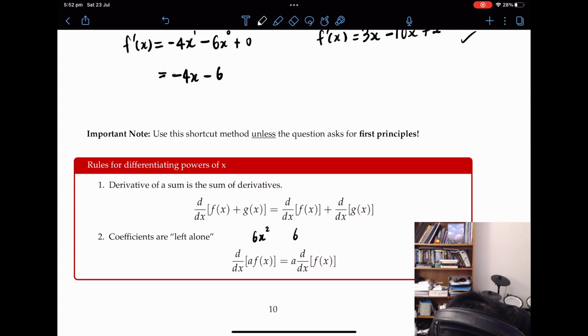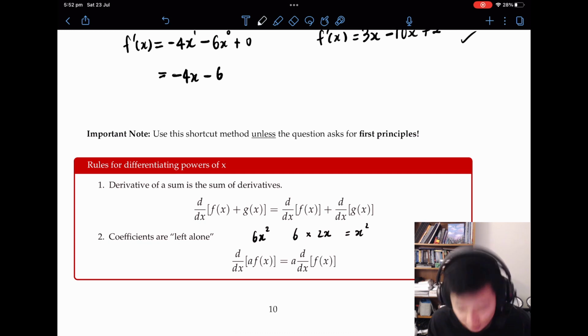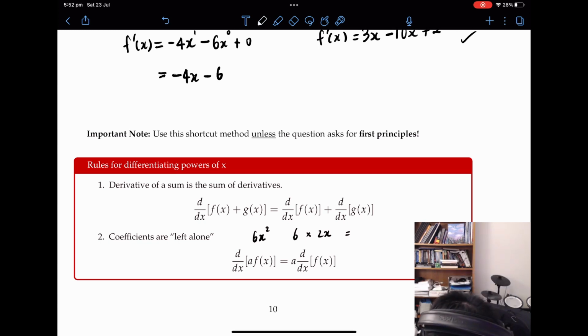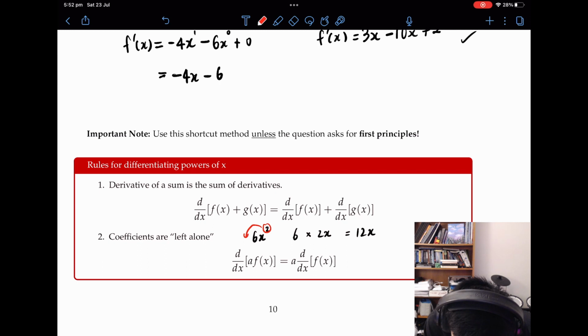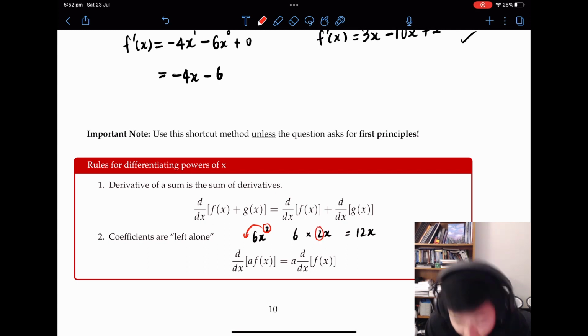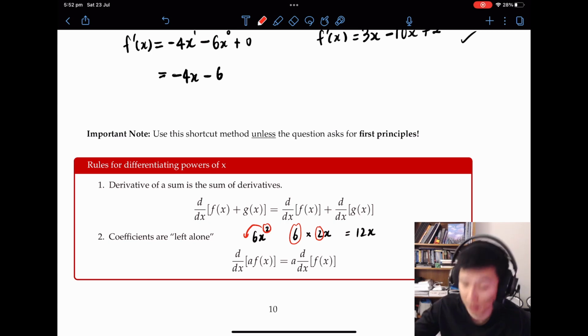I differentiate x squared, I get 2x, and so that gives me 12x. The power comes down to the front, so that's where the 2 comes from, and the 6 stays on the outside. It doesn't disappear, and of course 6 times 2 is 12, so we get 12x.